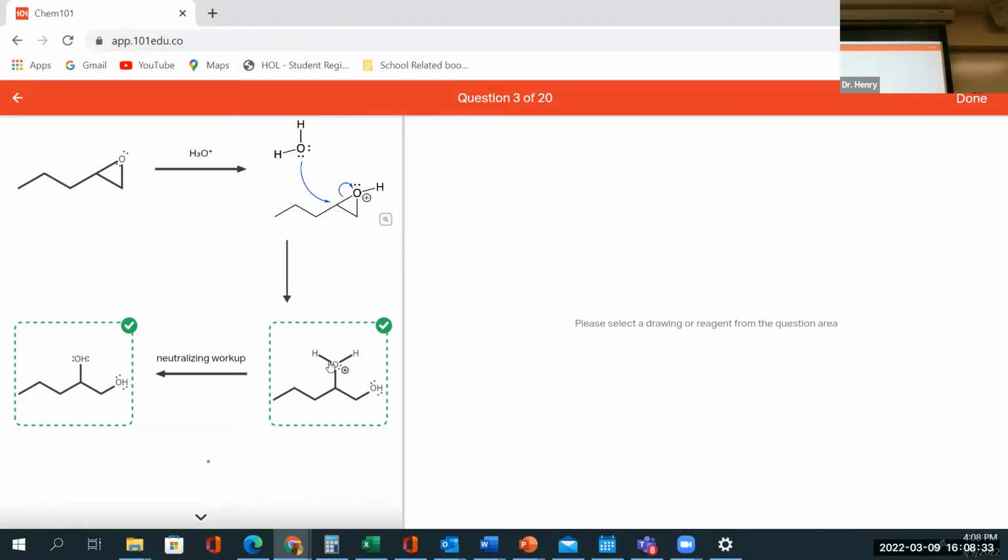Tautomerization. There we go. I think we're adding too many vowels there, right? But basically, we're going to be going from an alcohol to a ketone. That's what you were suggesting earlier, right? So what is it that causes that to happen? You guys recall?